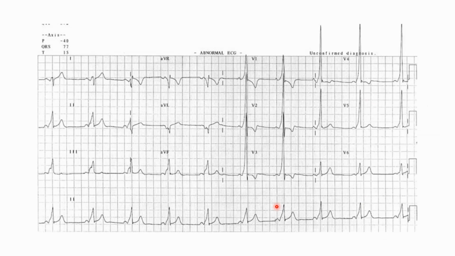So here's generally what it looks like. And you can see that you have ST abnormalities as a natural occurrence, because anytime you have abnormal depolarization, you have abnormal repolarization. Think left bundle or LVH.